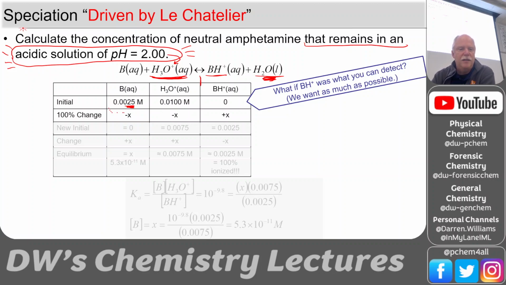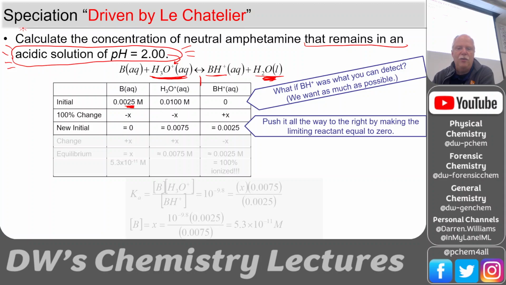So I've got my minus signs for my reactants and my plus sign for my product. And then we're going to push it all the way to the right by making the limiting reactant equal to 0. How do I know that the base is my limiting reactant?